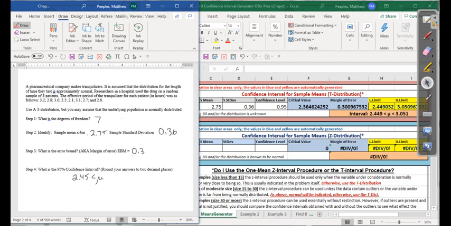And our population mean would be less than 3.05 when we add. So that means that our drug, our tranquilizer, on average is effective between 2.45 and 3.05 hours. That's the question we were looking to answer, and so we're done.